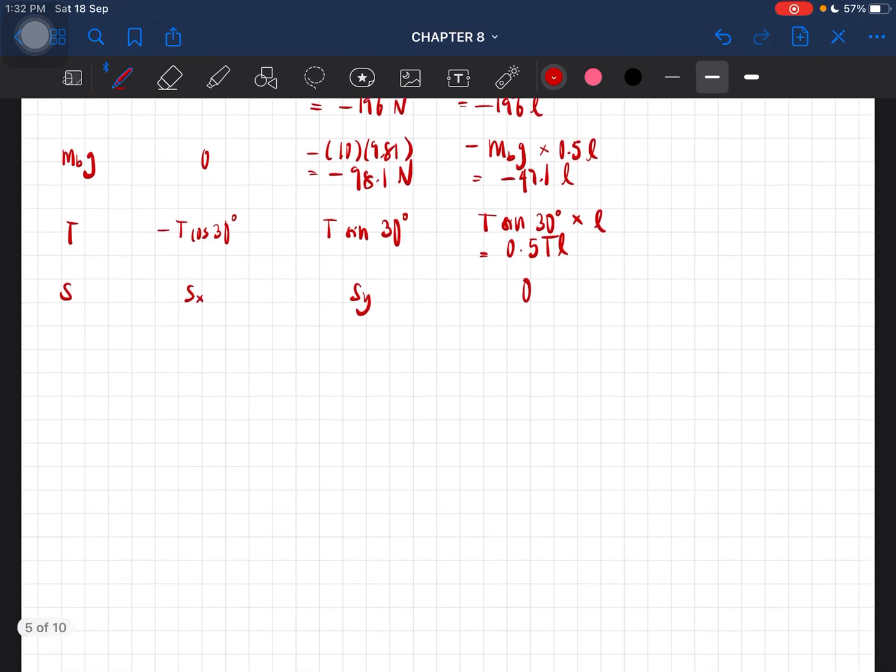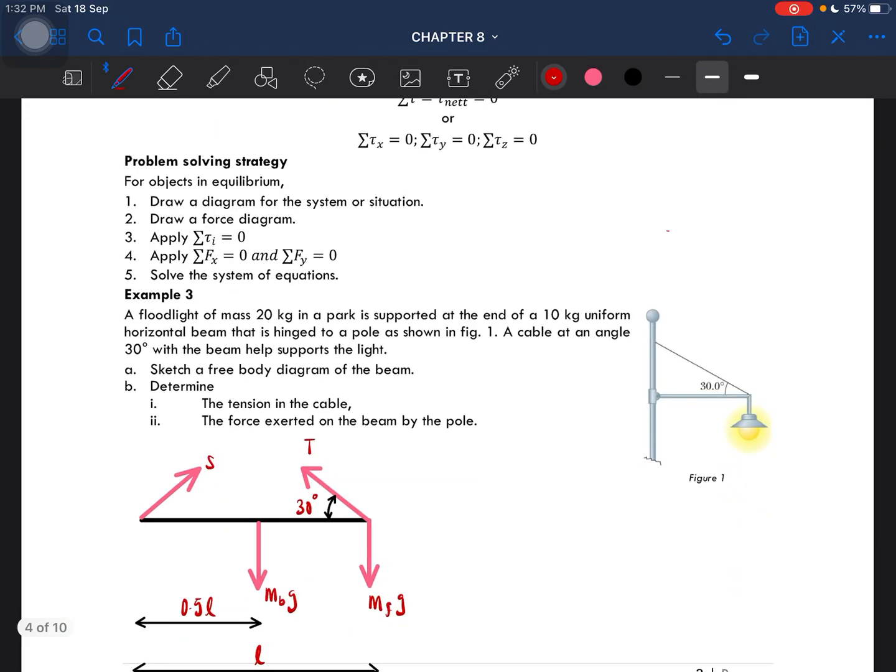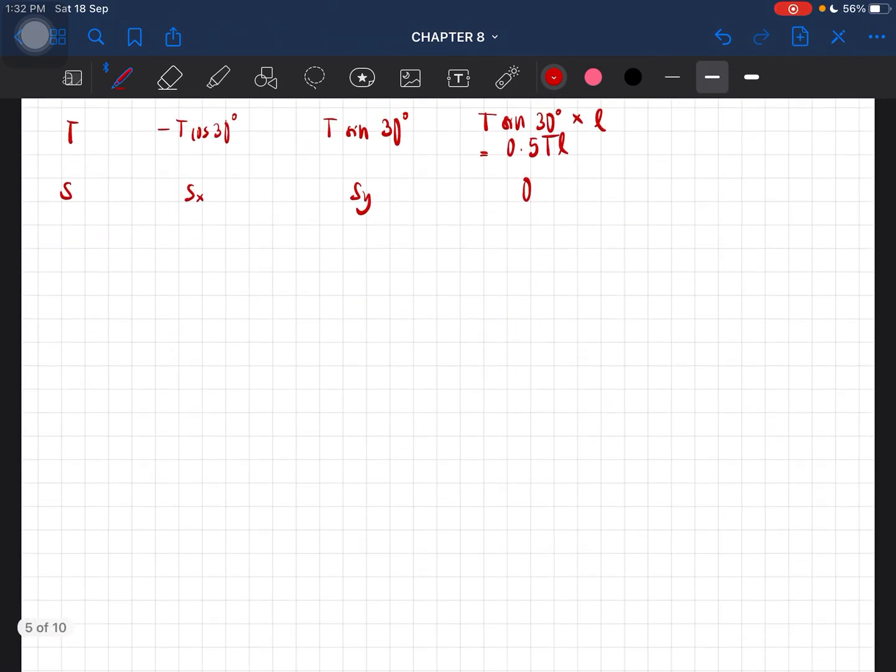Lepas tu we can then find the tension and then the value of S lah. Okay, so kita akan let total torque at point O to be equal to 0. So this is just negative 196 L minus 49.1 L plus 0.5 TL equal to 0. So we can then get the tension to be equal to 490 Newton.